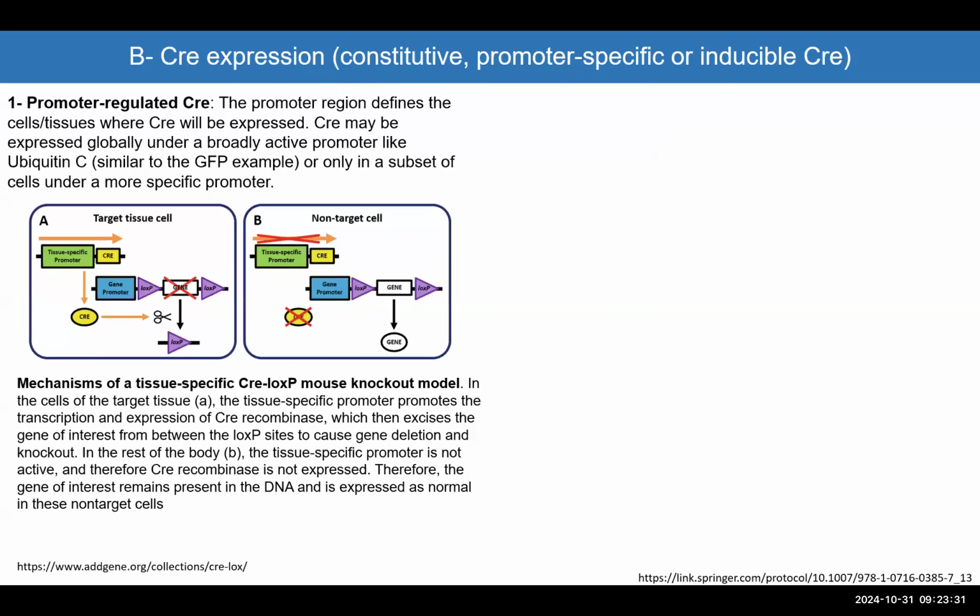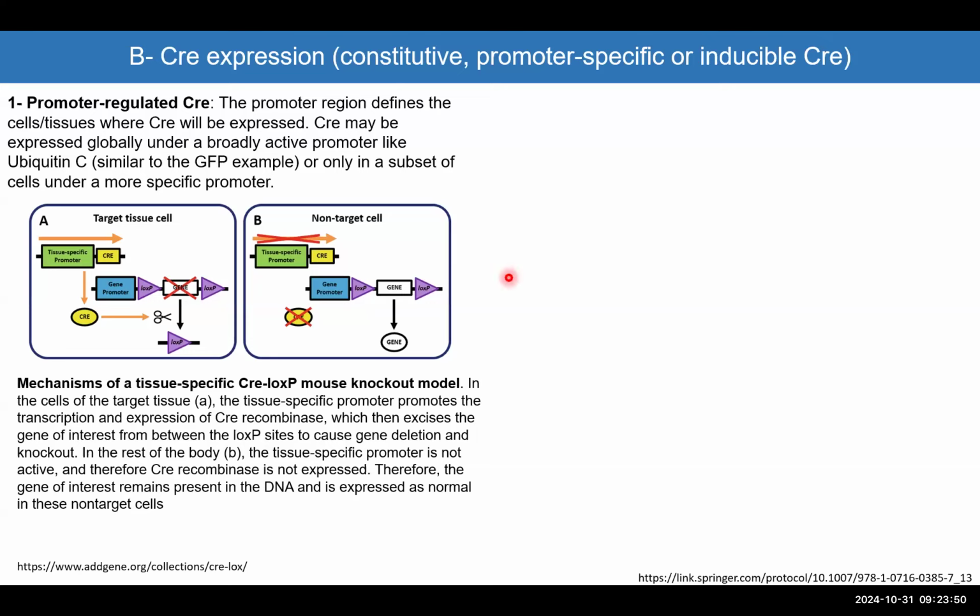Now, so this is the first level. I generated a conditional exon number 2. And the second level of control is the expression of the CRE. And I mentioned a little bit in the previous slide that the condition of the CRE, where it's generated, depends on which cell type.